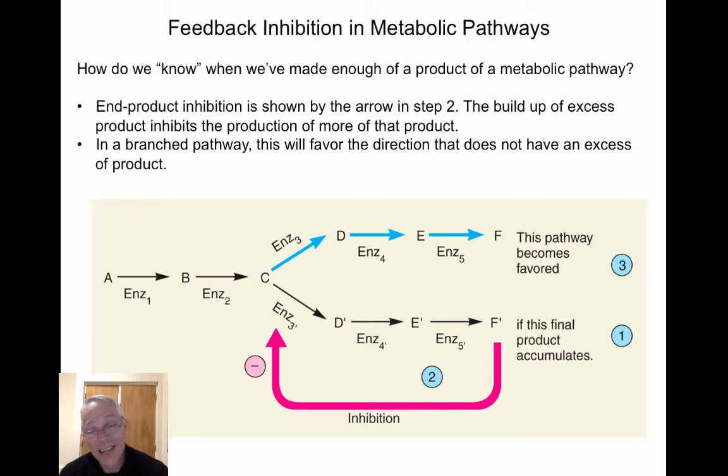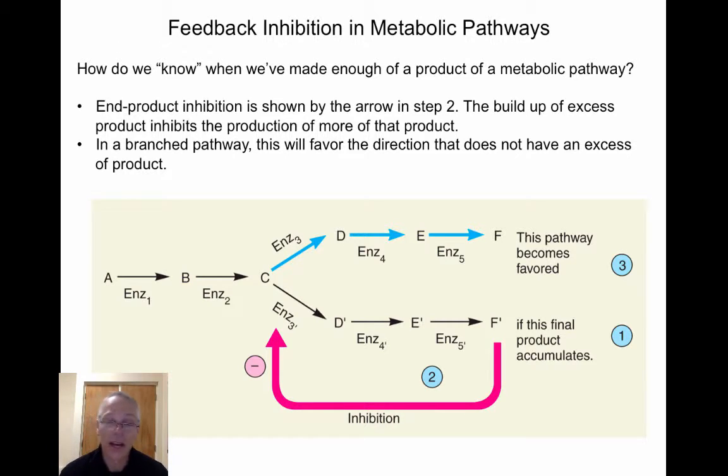So we have this enzyme number 3 prime that is driving the production of this molecule F prime at the end of this branch point. If we have lots of that stuff, that F prime can feed back, and it can typically bind to, or something that's related to F prime can bind to this enzyme 3 and inhibit it.